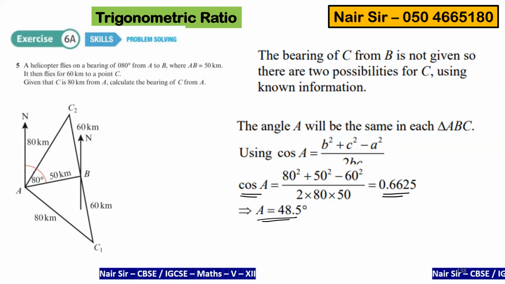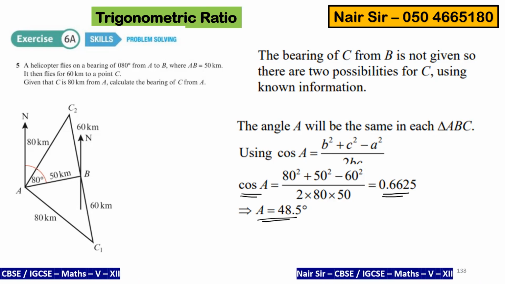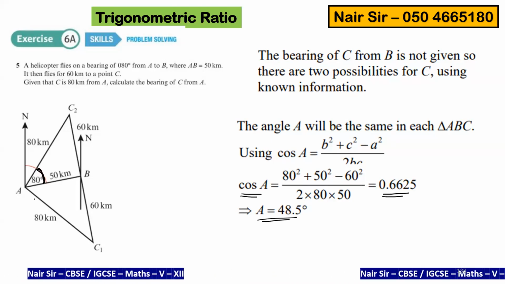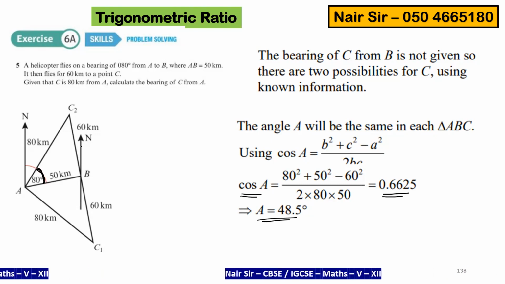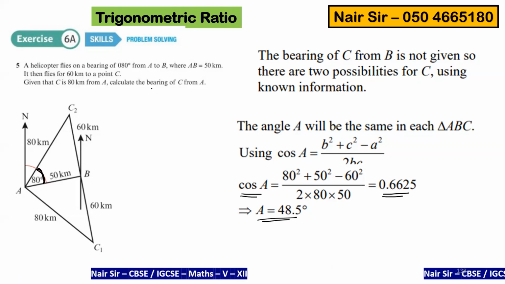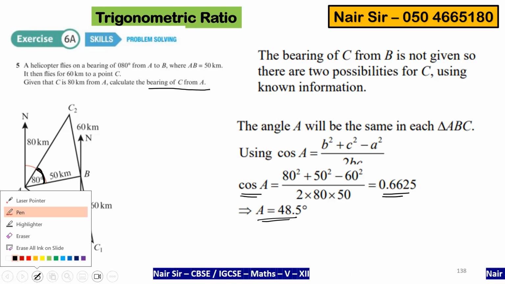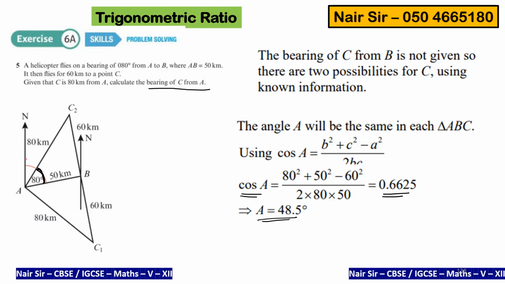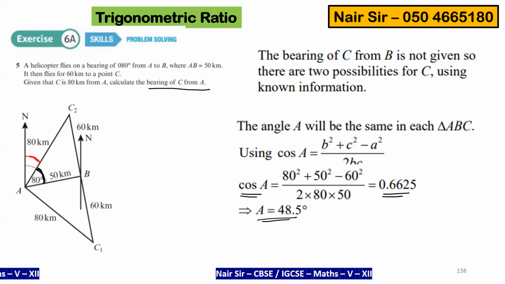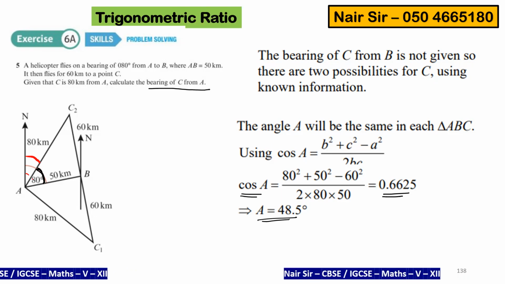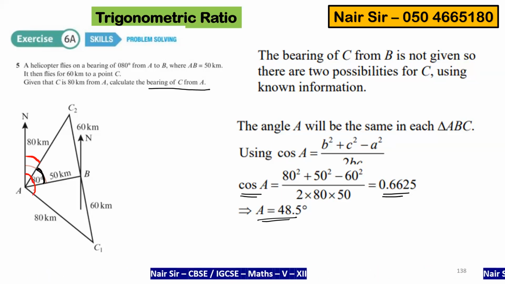Now, this is A. This is what I have got. But this is not what I am finding. What am I trying to find? Calculate the bearing of C from A. I am trying to find this value, and this value.